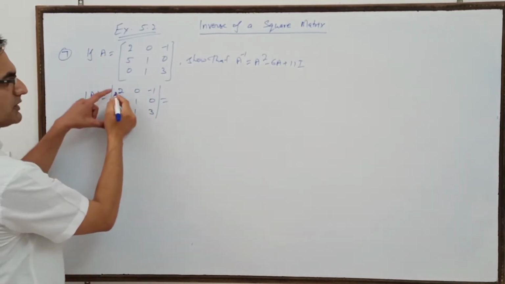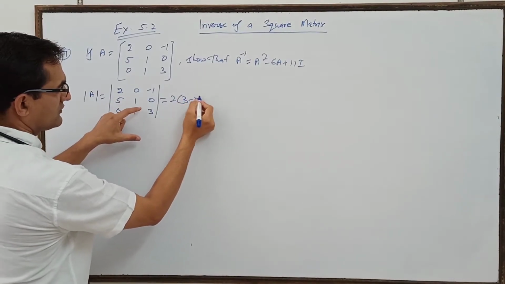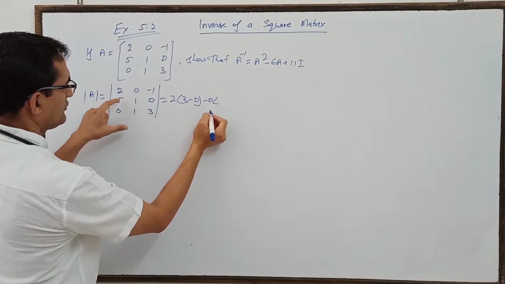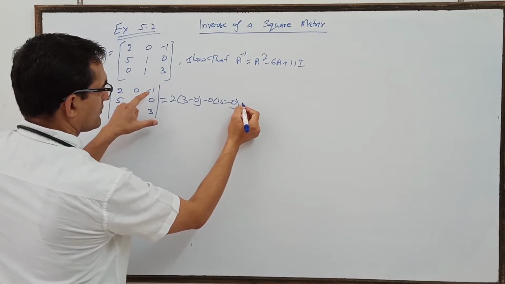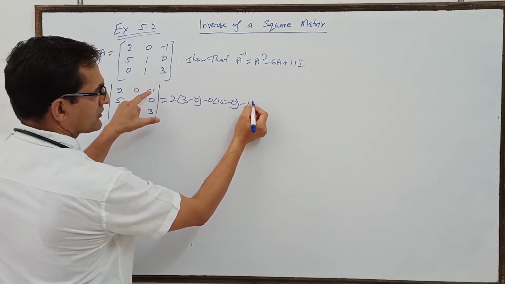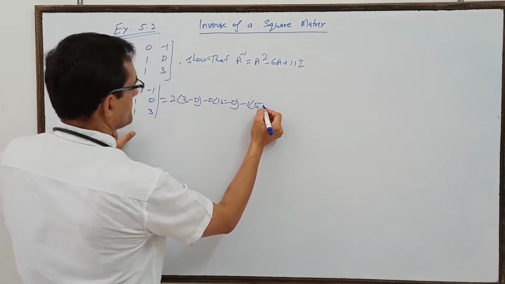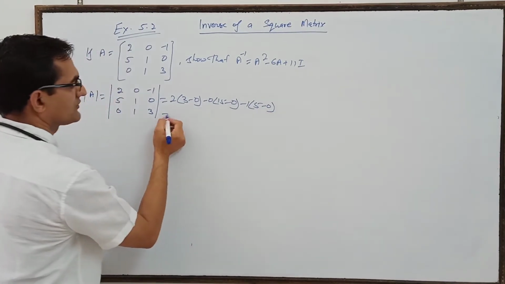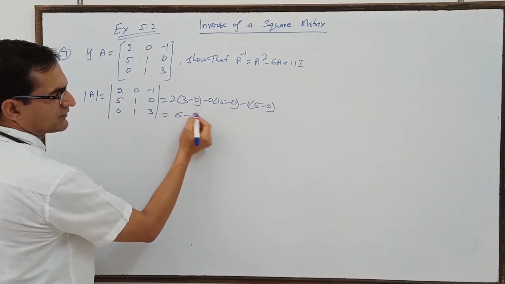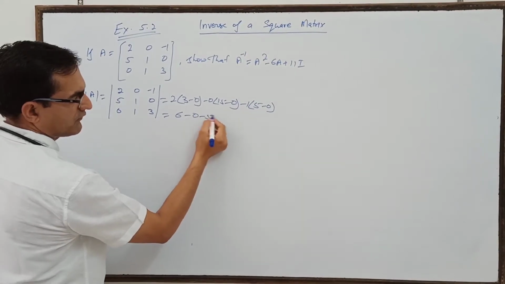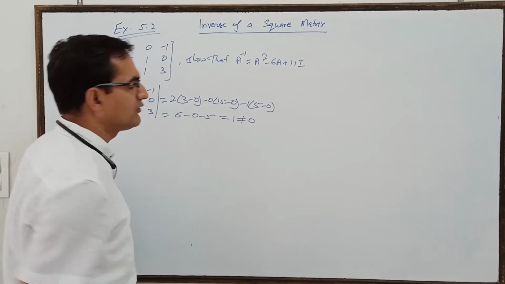Expand it along row 1. 2 into 3 minus 0, minus 5 into 0 minus 0 plus minus 1, so minus 1 or 5 into 1, 5 minus 0. This is equal to 2 into 3, 6 minus 5. This is equal to 1, and this is not equal to 0.